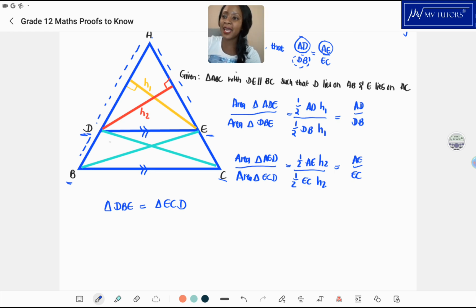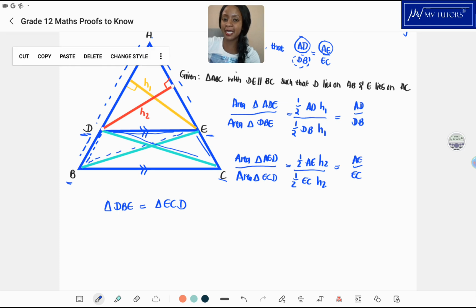Well, basically they're sharing the same base. If I'm looking at DBE, it's this triangle here, and also the triangle ECD. So how do I know that they're equal? They have the same base.